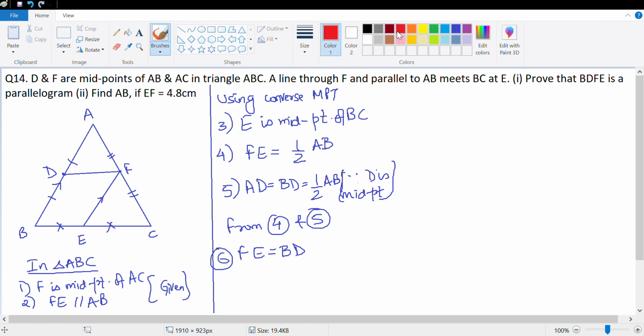So I know that FE and BD are equal, and I know they are already given parallel. So one pair of opposite sides is equal and parallel, which means this is a parallelogram.